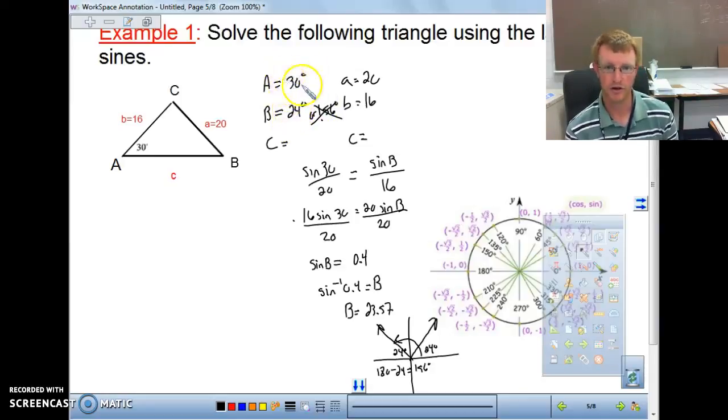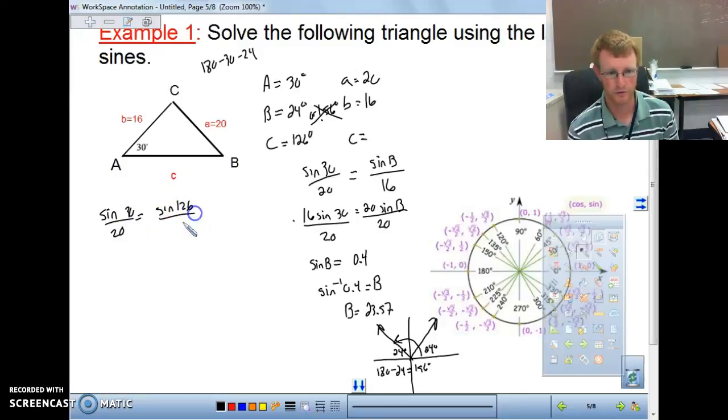We have two angles here, angle 30, angle 24. So our third angle will be 180 minus 30, minus 24, and we get 126. So there's our third angle there. Then to figure out our third side, we're just going to use the normal law of sines again. So we have sine of 30 over 20 equals sine of 126 over c.